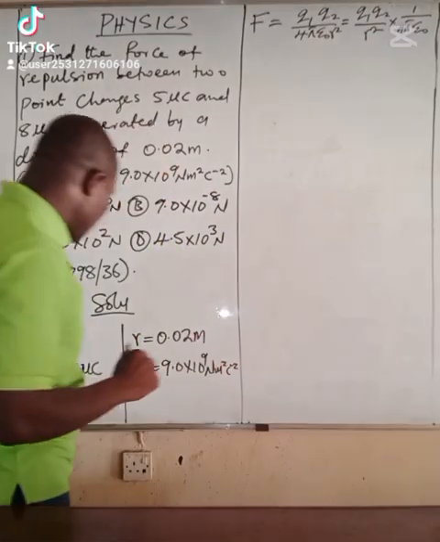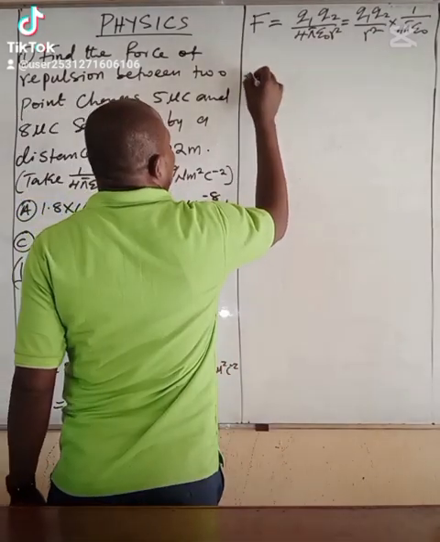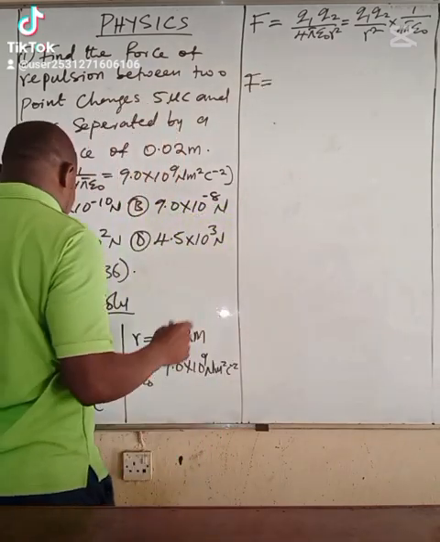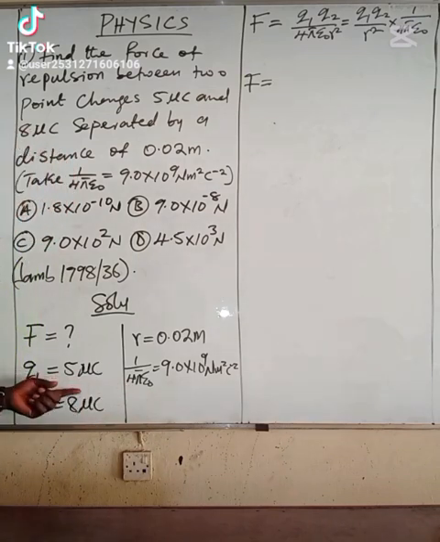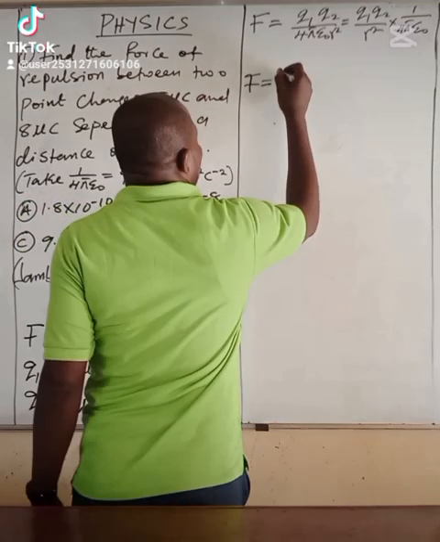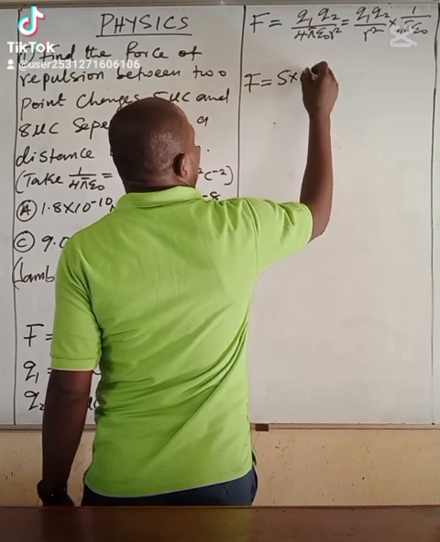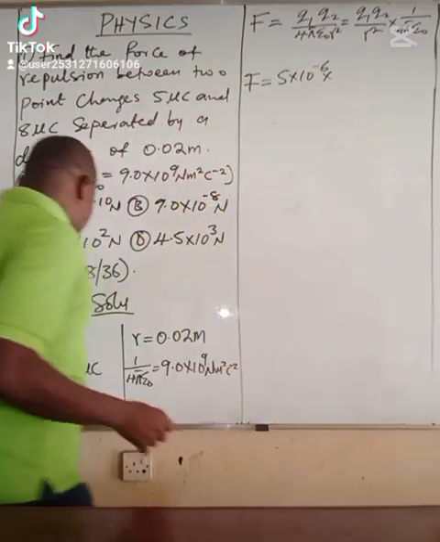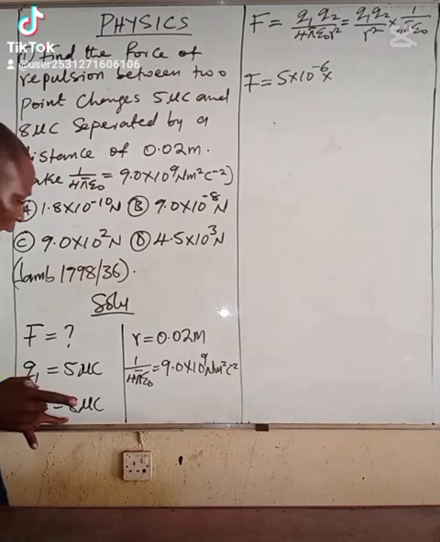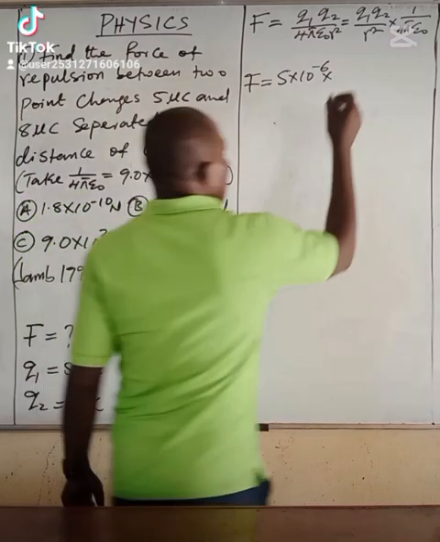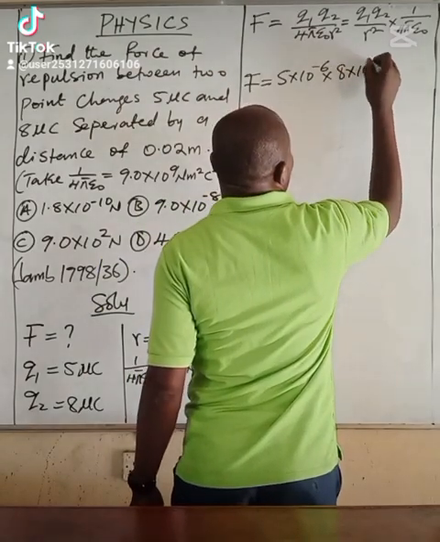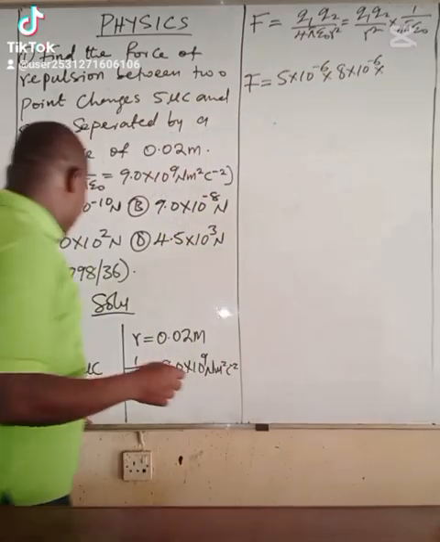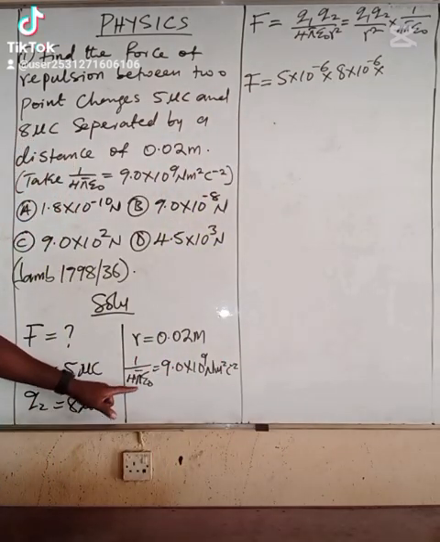Now, I will substitute the values so that I have F is equal to Q1. This is in microcoulomb, so we are going to convert to coulomb. Converting to coulomb, you multiply this value by 10 raised to the power minus 6. So our Q1 is going to be 5 times 10 raised to the power minus 6, multiplied by Q2, which we also convert to coulomb, giving us 8 times 10 raised to the power minus 6, times the 1 all over 4 pi epsilon naught.